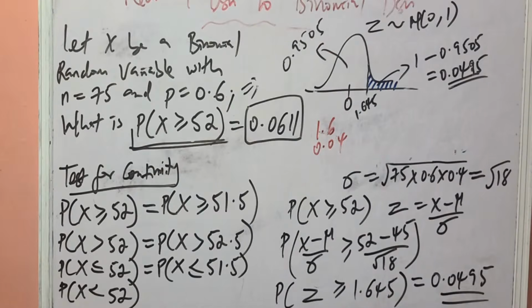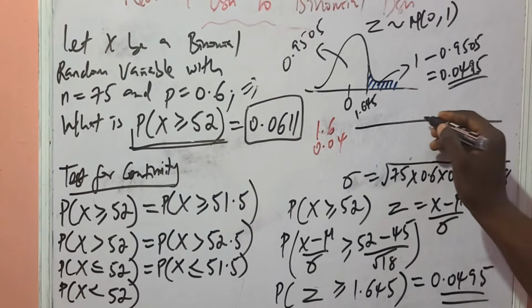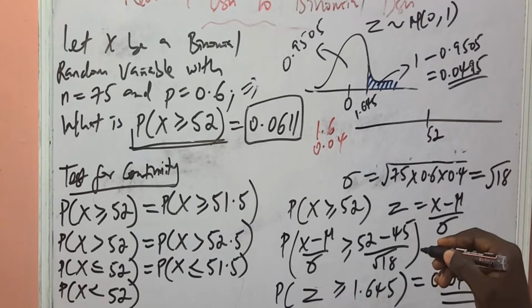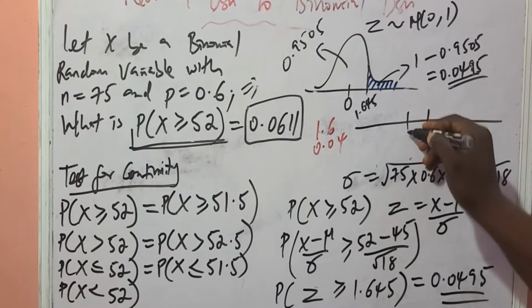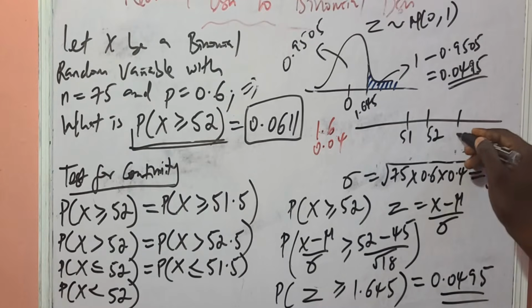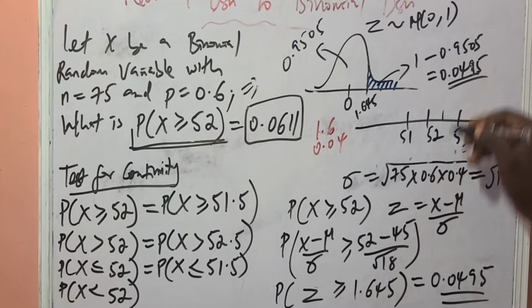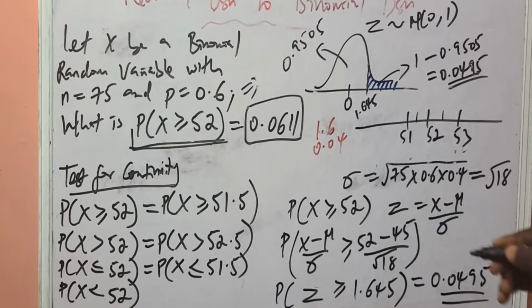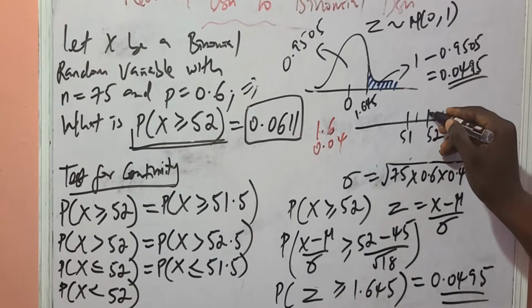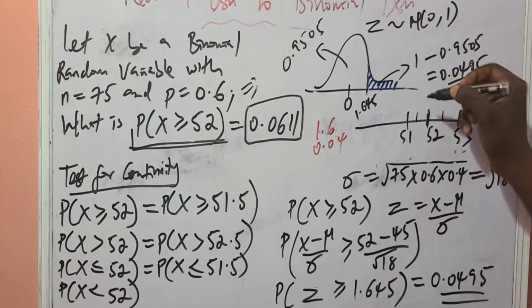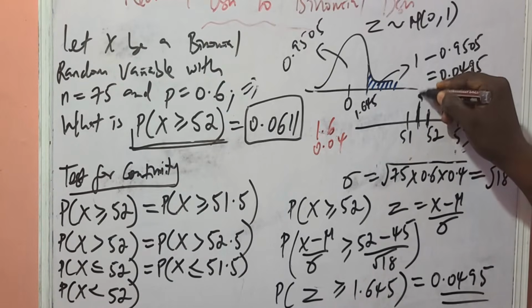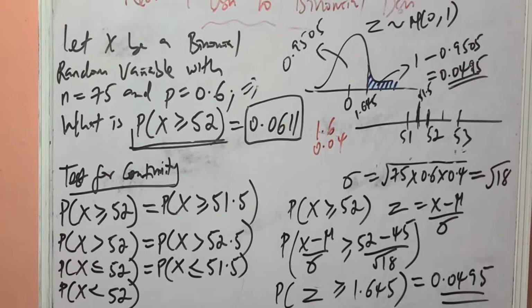Just look at the number line. If we had 52 here, let's say 51 here, 53 here, in between we have 52.5 and 51.5. If we're saying less than 52, we're not including 52, so we'll be starting from 51.5.